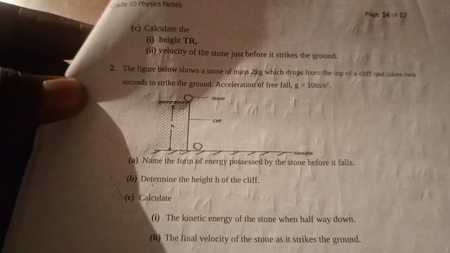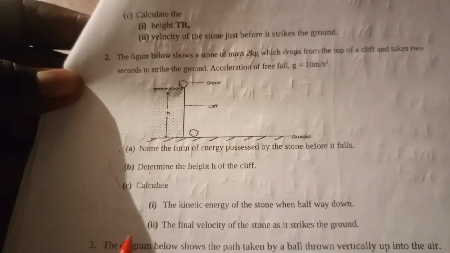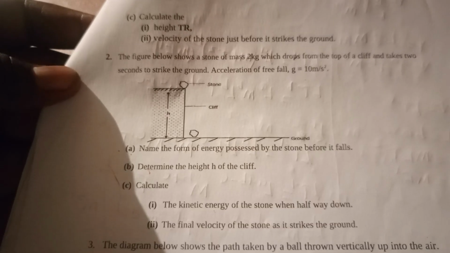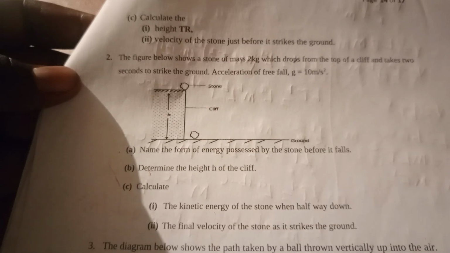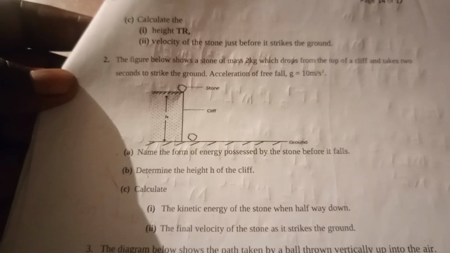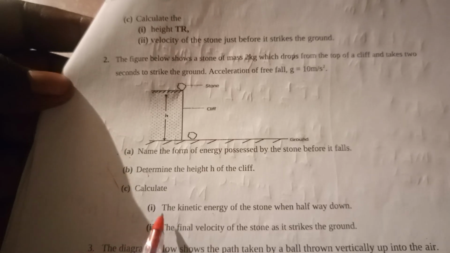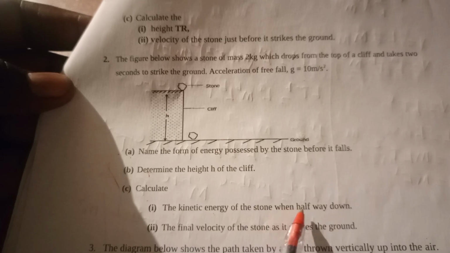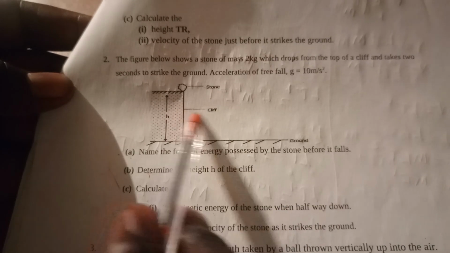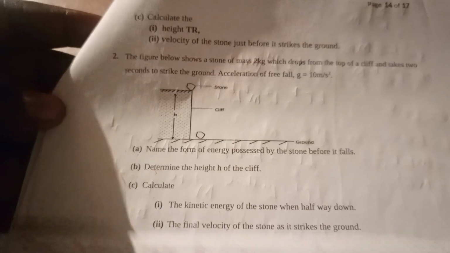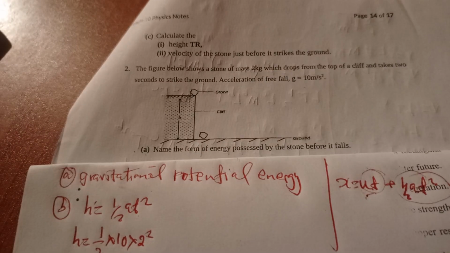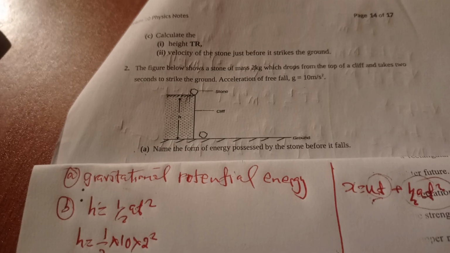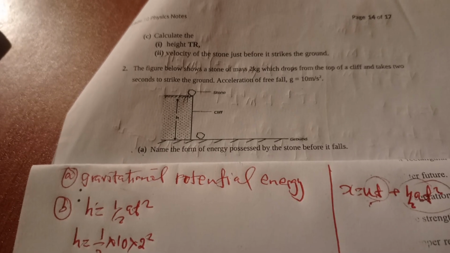Question C is saying, calculate the kinetic energy of the stone when it's halfway down. Here, as you can see, we only have mass, gravity, and height, but we don't have velocity.